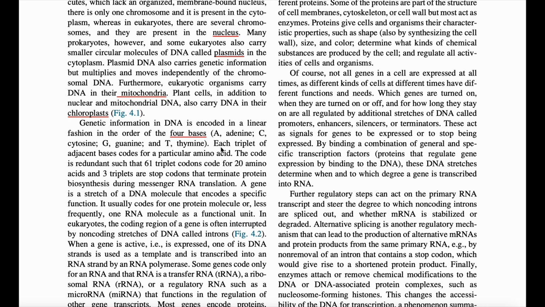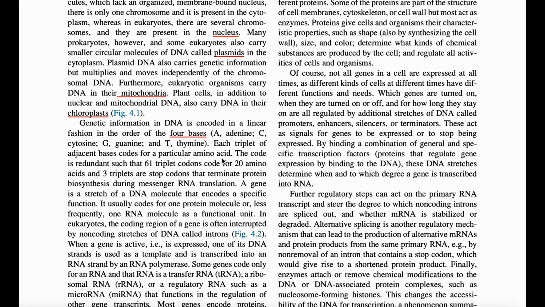So moving forward, each triplet of adjacent bases codes for a particular amino acid. Each triplet means what? Triplet means 3. It means ACG, TAC, AGT, like this triplet. So each triplet, if we bring it together, codes for a particular amino acid.